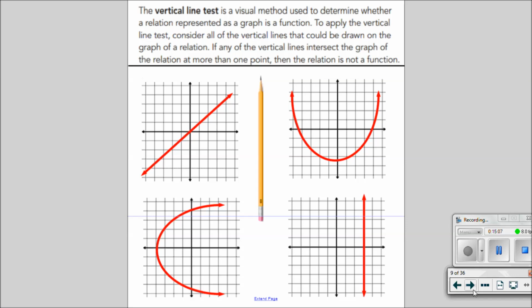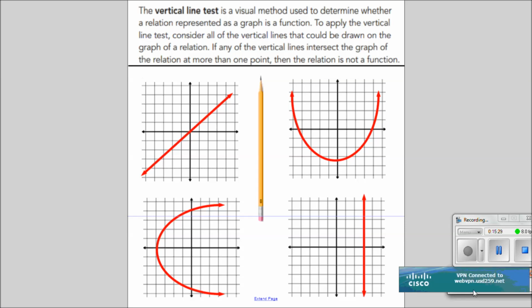So it says, the vertical line test is a visual method used to determine whether a relation, represented as a graph, is a function. To apply the line test, consider all of the vertical lines that could be drawn on the graph of a relation.